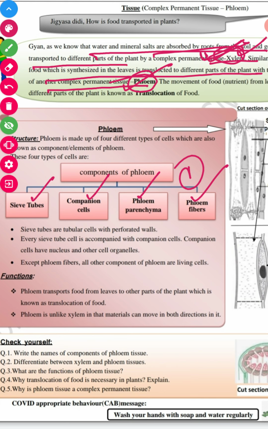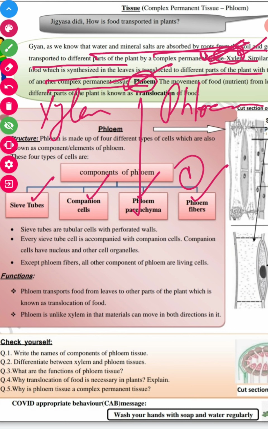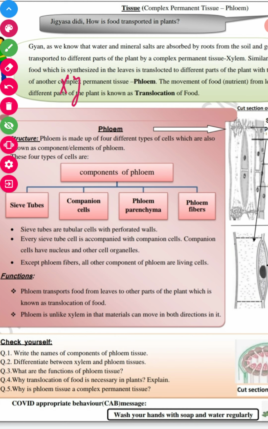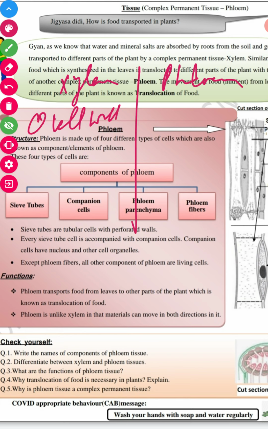The cell wall of xylem is thick due to the presence of lignin, whereas the cell wall of phloem is made up of cellulose, right?